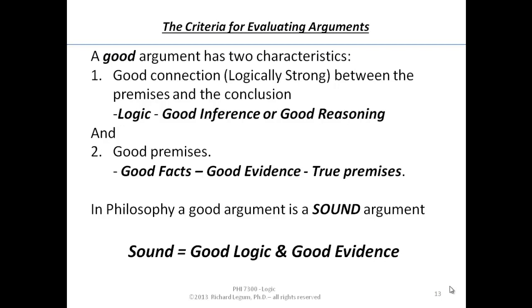The criteria of logic has to do with the connection. Sort of think of it as the glue between the premises and the conclusion. I mean, you can use good glue if you're taking two ugly statues and gluing them together.